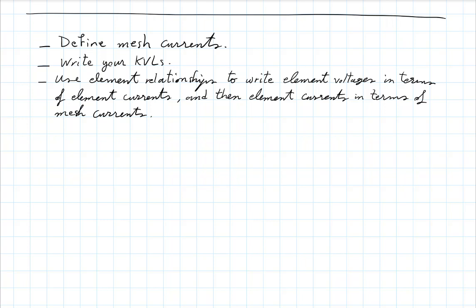How do we relate the voltage of a current source to its current? What's the relationship between the voltage of a current source and its current? There is none. You don't, right? So if you have a current source, independent or dependent, you will end up having the voltage of the current source in your KVL that you cannot write in terms of mesh currents. So that introduces an additional variable.